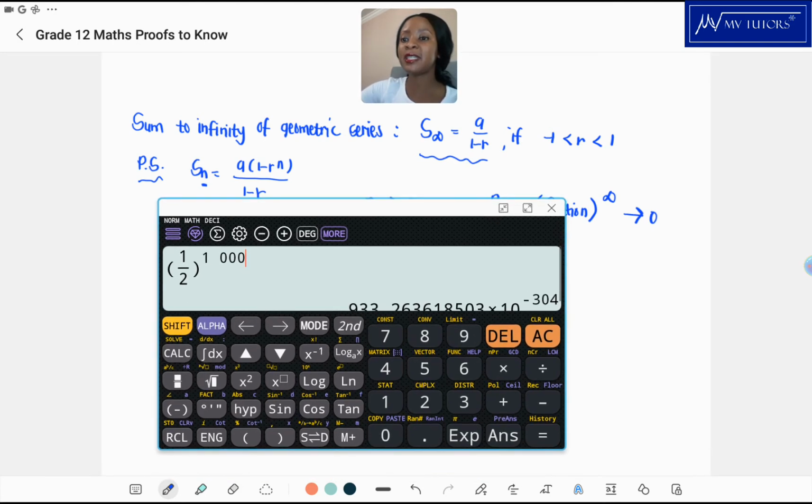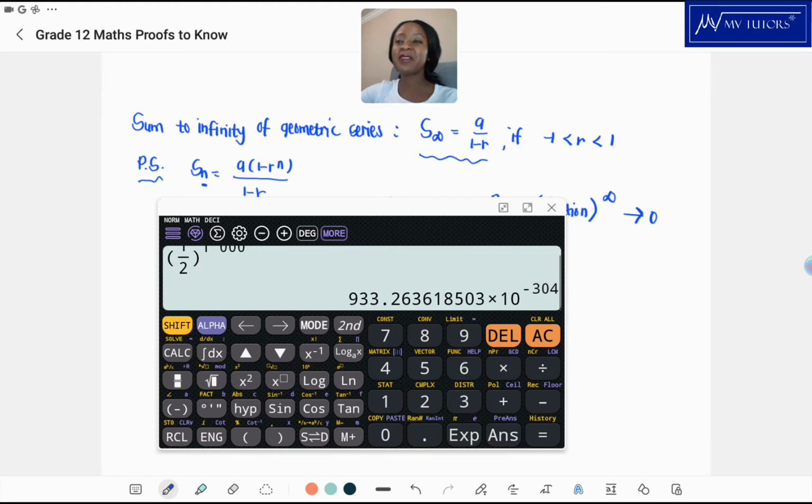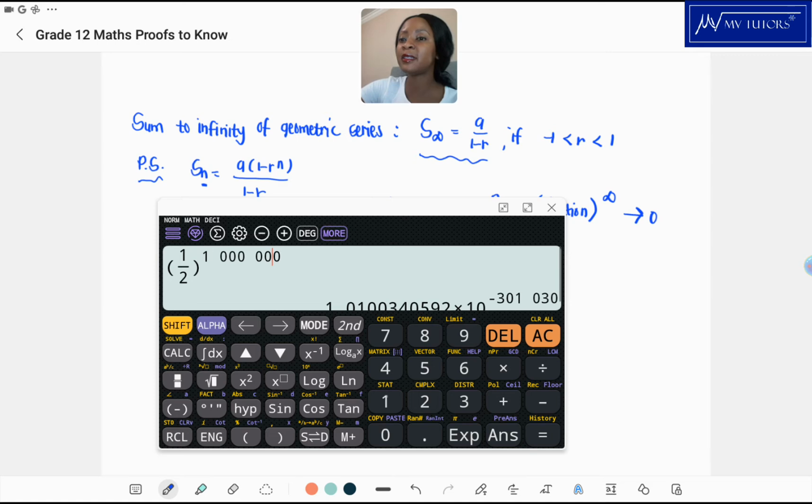So already, as you can see, you have such a small number, 9.33 times 10 to the power negative 304. That's a very small number. If we were to increase that to maybe 1 million, it's so small that ultimately it would be 0.